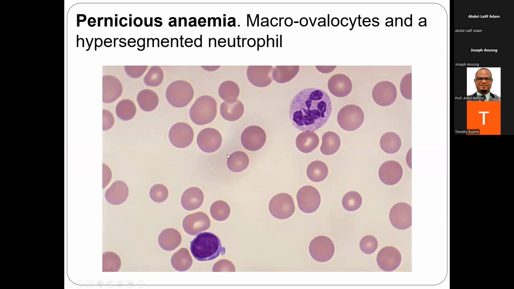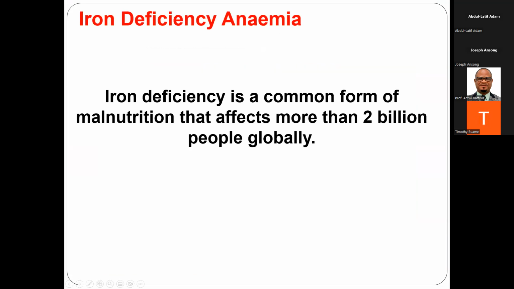And they lack even the central pallor, like here, and most of the cells don't even have the central pallor. Good. So that is that for vitamin B12 and folate deficiency. Do you have any question before I move on to iron deficiency?